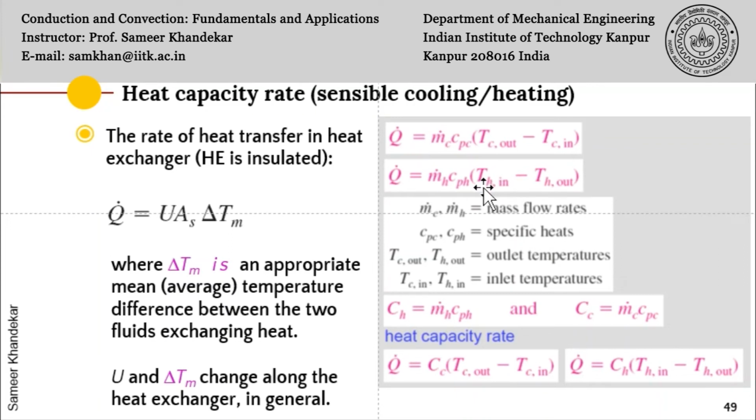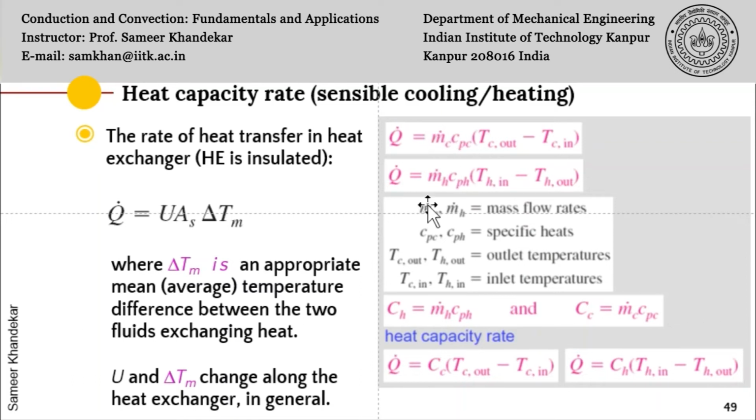In heat exchanger analysis, it is usually convenient to club the m dot Cp, which is the thermal mass. So m dot is the mass flow rate and Cp is the specific heat. Mass into specific heat is the indicator of the thermal inertia or the thermal mass of the system.